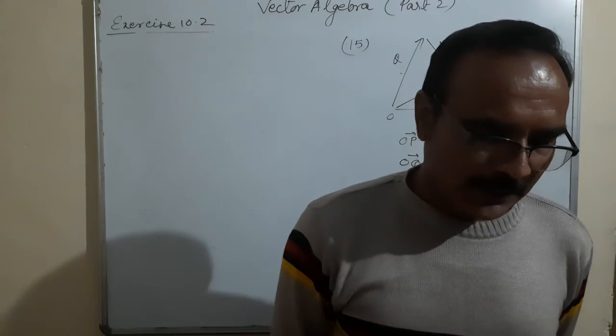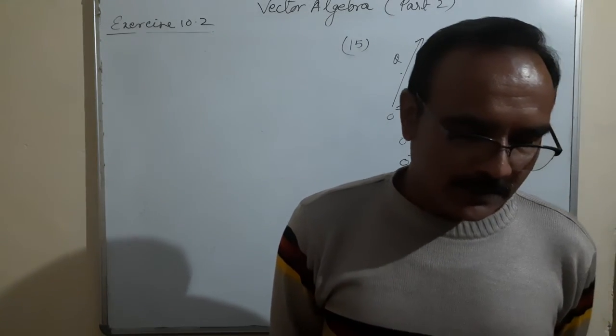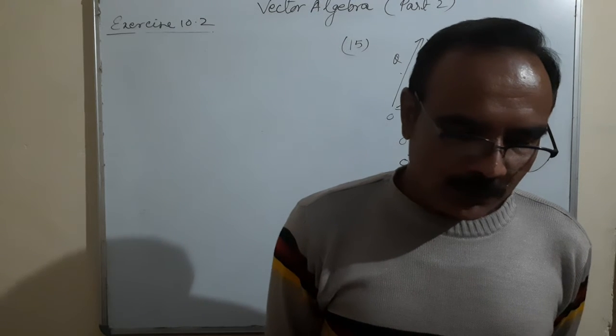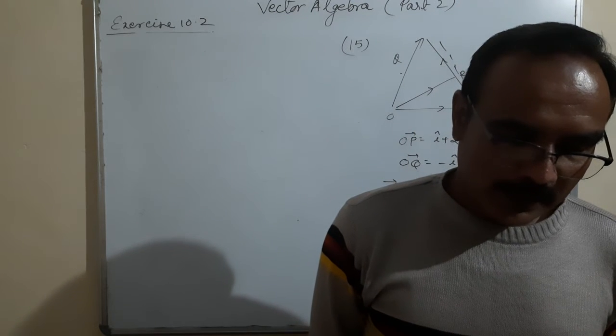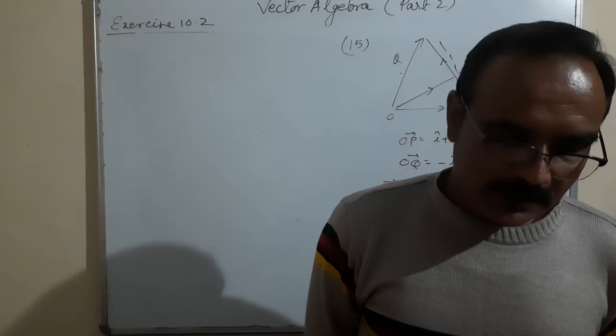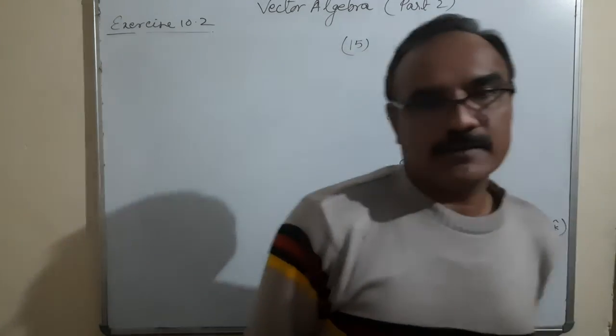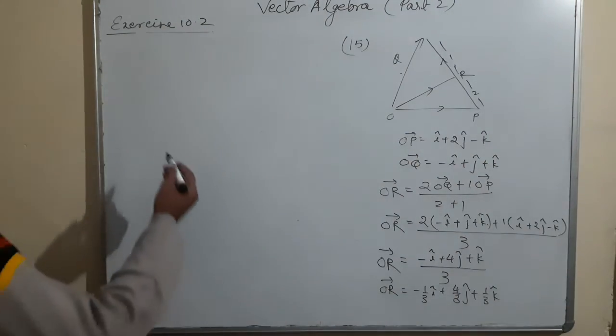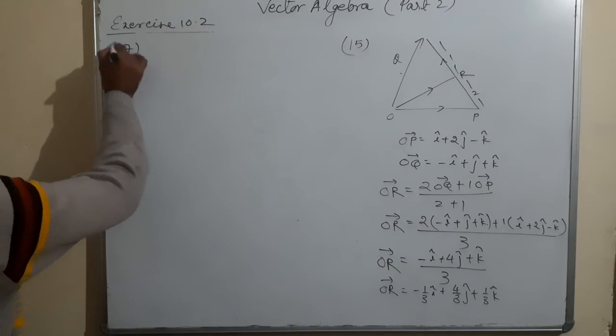Next question number 17. Show that the points A, B and C with position vectors respectively form the vertices of a right angled triangle. It's an important question as far as the board exams are concerned.